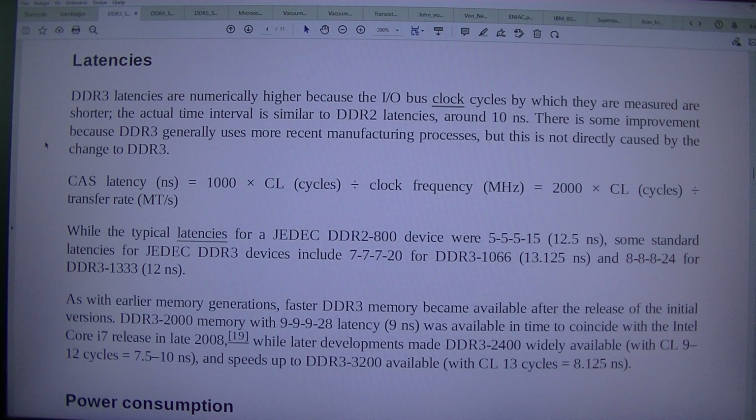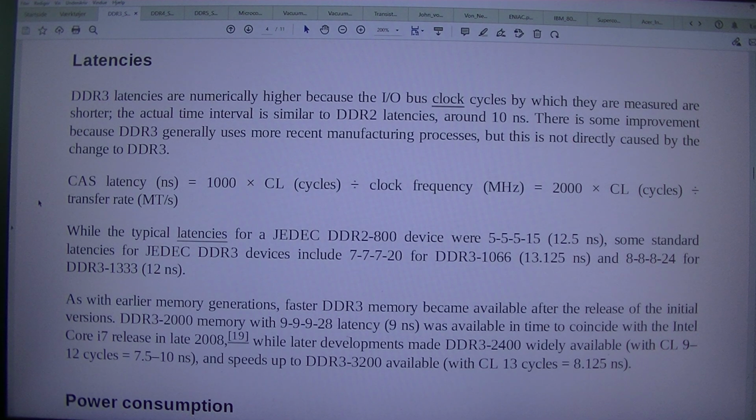CAS latency in ns equals 1000 times CL in cycles divided by clock frequency in megahertz, which equals 2000 times CL in cycles divided by transfer rate in MT/s.